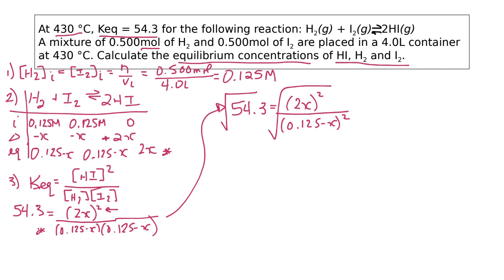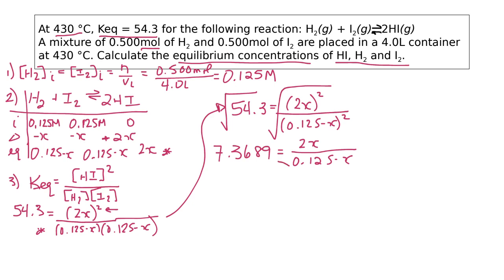So when I take the square root of 54.3, I end up with a value of 7.3689, round that. And then I end up with 2x divided by 0.125 minus x. Now what I can do is group my x terms and my non-x terms.